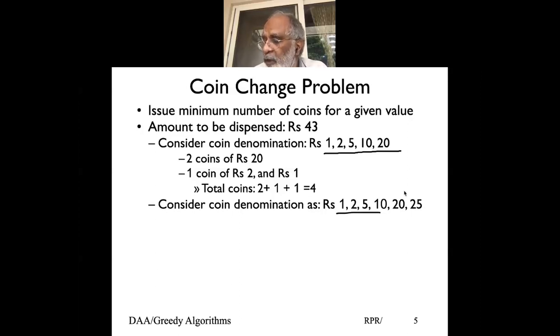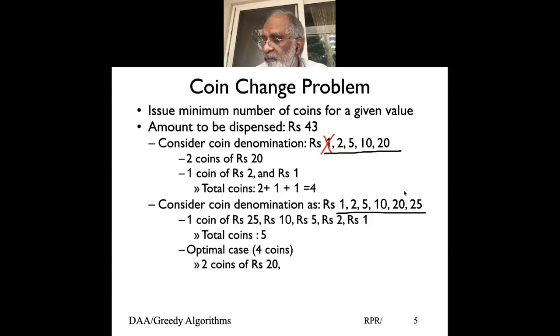And if my coins were only 2, 5, 10 and 20, the greedy approach doesn't even give me a solution, forget the optimal one, even though a solution exists. The point I'm trying to make is that it is not necessary that the greedy approach always gives you a solution, but in most cases when you deal with a problem, the greedy approach is simple to follow and easy to implement, and we can proceed, and that is what we'll look at.